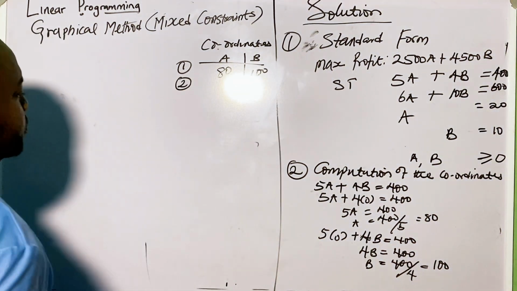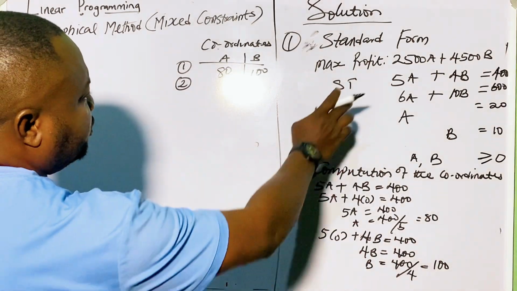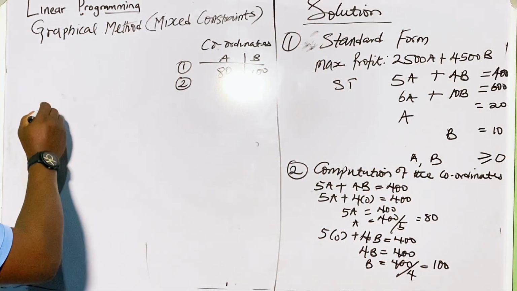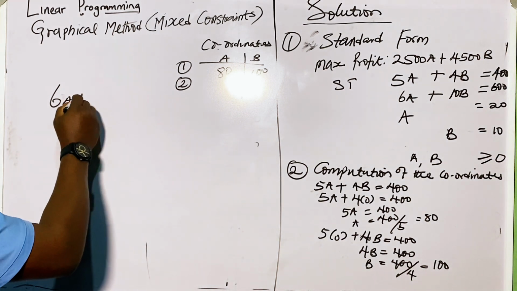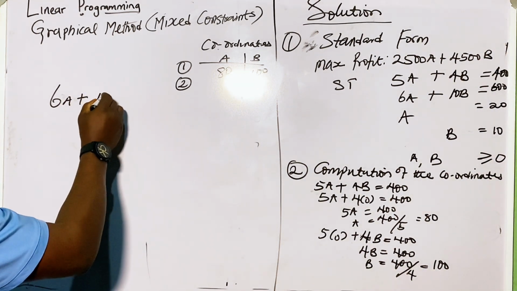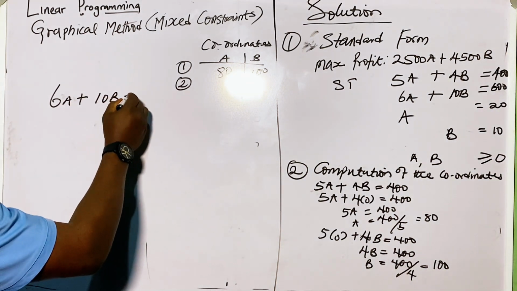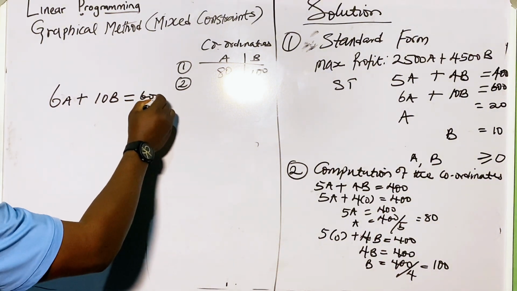Now constraint equation 2 is when we have 6A plus 10B equal to 600.